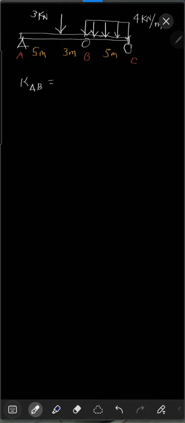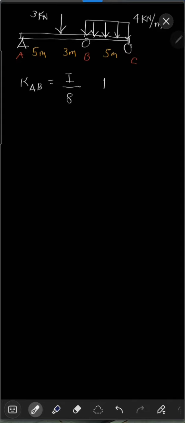So KAB is I over L. So wala man ningon nga nidako ang pikas, no? Or wala ningon nga ang dimension sa BC is twice sa AB. So it is assumed that the moment of inertia all throughout ABC is equal to 1. I over L. So ang L for AB is 5 plus 3, 8.